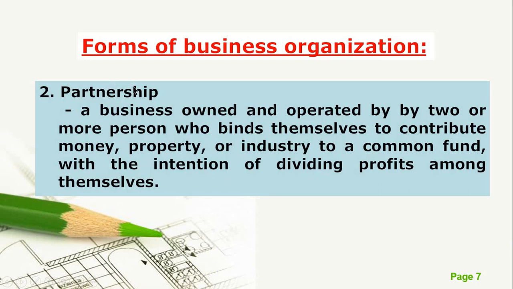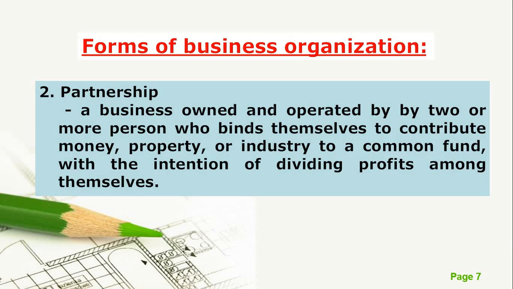So if a sole proprietorship has only one owner, a partnership has at least 2. The owners are called partners. It can be 2 or more, so it can be 10, 20, 30, and so on.